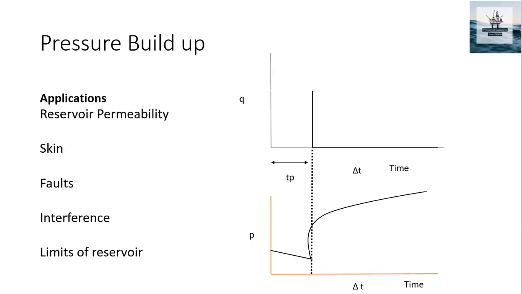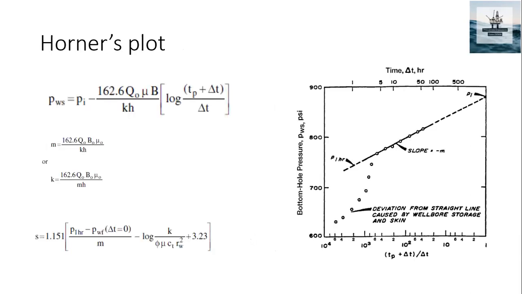Today we are going to see pressure buildup with a case study. We're going to see in MS Excel how the data will be understood to get these parameters, how we can identify the patterns of this data, and how Excel will help you to understand that. With that, we can identify these parameters.